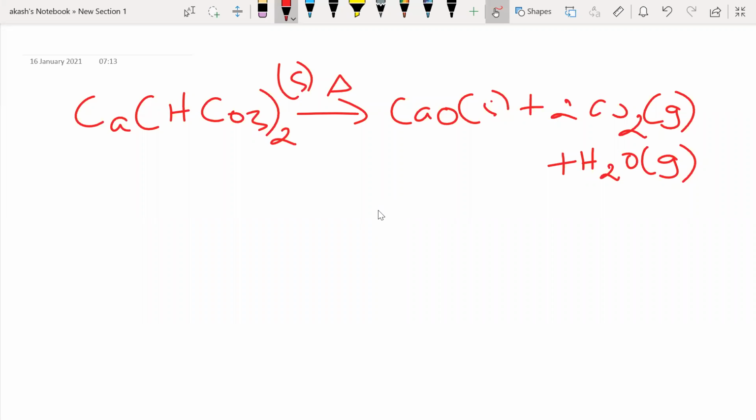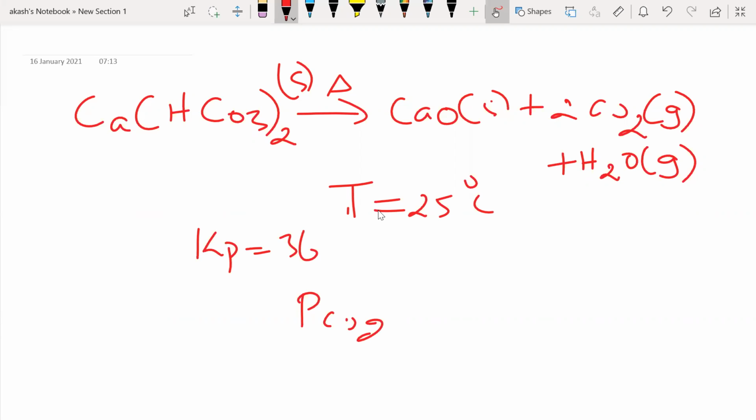And then what they're telling is after the reaction has reached equilibrium, the temperature now became 25 degrees Celsius, and they have given the Kp value to be 36. And what they're asking is what is the partial pressure of CO2 in equilibrium?